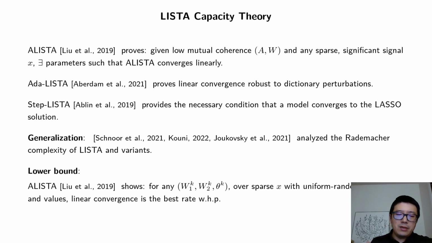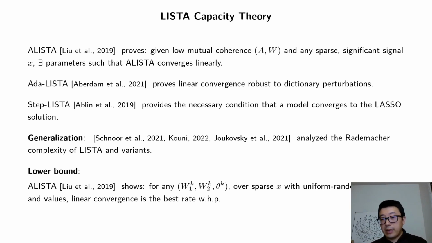Finally, there's a negative result from our paper 2 years ago. We show even if you do LISTA, in other words, train any W1k, W2k, theta k, no matter what sequence of these parameters you train, if you consider a set of sparse vectors x with uniform random supports and values, then linear convergence is the best you can get with high probability, in other words, for most of such sparse signals.